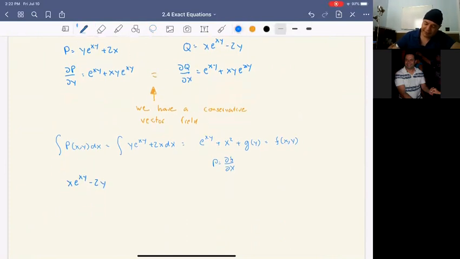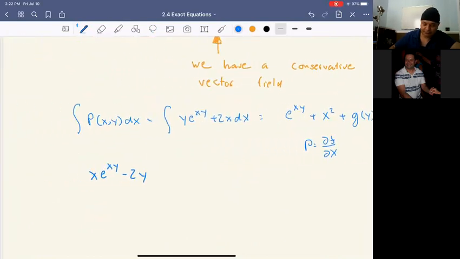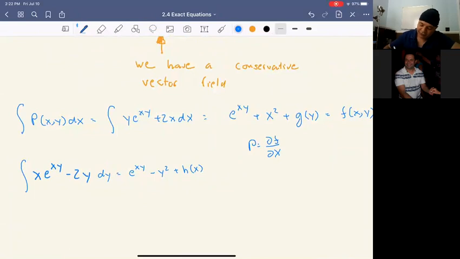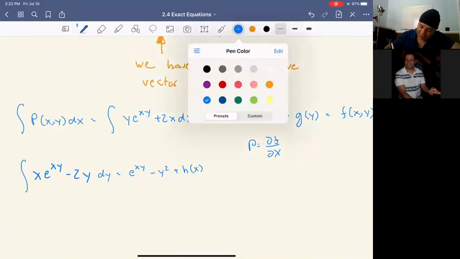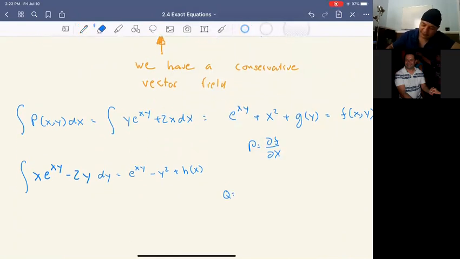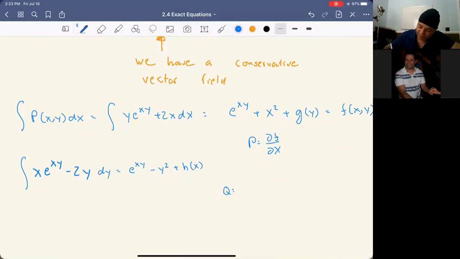We're going to integrate that with respect to y. Similarly, we're going to get e to the xy minus y squared plus, let's call it h of x. Okay, so just like up here, Q equals our partial of f with respect to y.